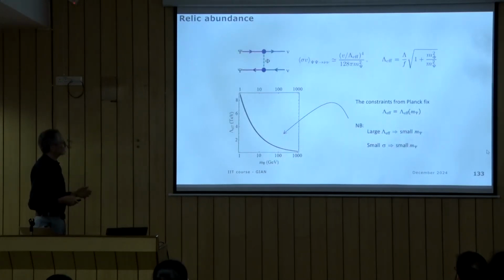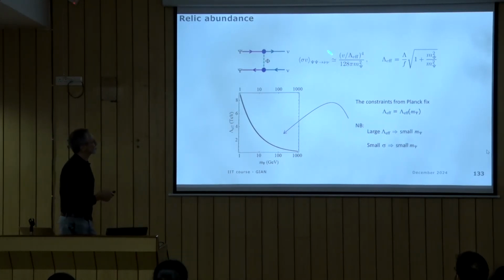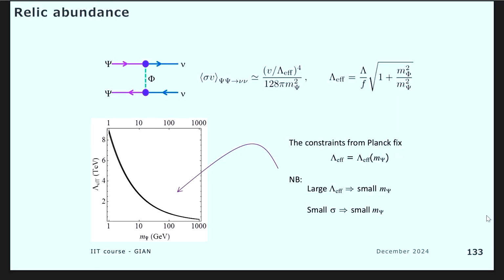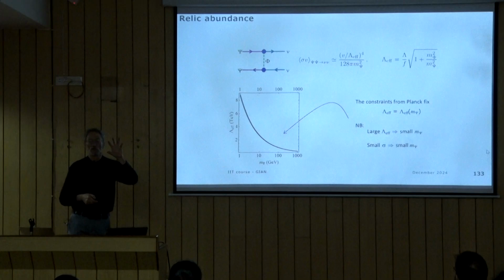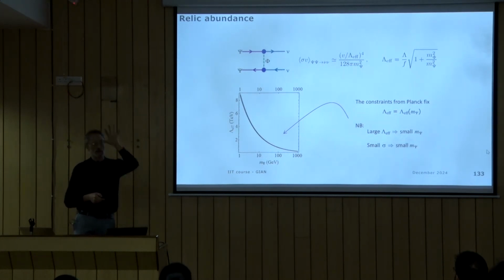From this, I can do everything. I can calculate the relevant cross-section that determines the abundance of the dark matter in the current universe, and use the data from the Planck experiment to constrain the thing. And in this calculation, I'm going to assume that the dark fermions are lighter than the dark scalars.